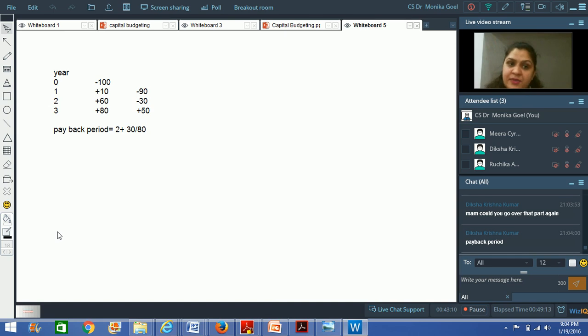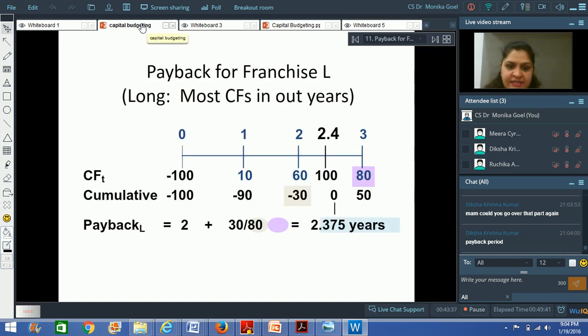See, I said that in the first year you are just getting 10 rupees. Right? So you are still to recover 90 rupees. In the second year, you are getting 60 rupees. Now you are still to recover 30 rupees. In the third year, you are getting 80 rupees. You just wanted 30 rupees, but you are getting more. So you just want to know in what period I get my initial investment back. So you say 2 years plus 30 divided by 80.